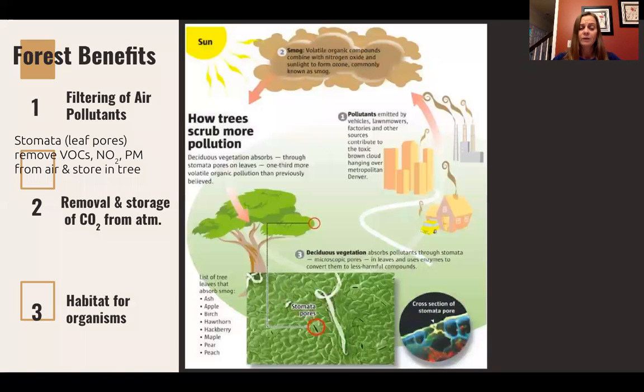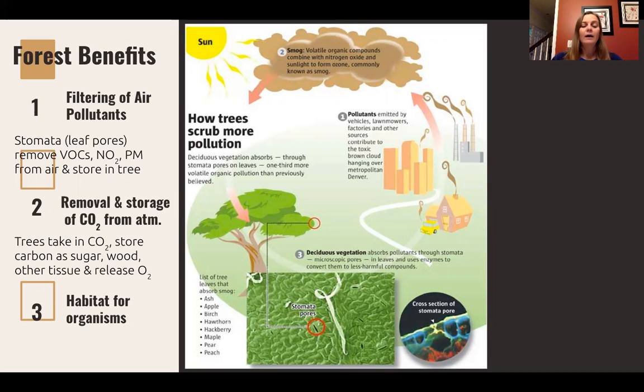Of course, the one that we talk about often is the removal and storage of carbon dioxide from the atmosphere. So in the process of photosynthesis, the trees take in carbon dioxide, they produce sugars, which they can then convert for their own energy, or they can turn into biomass, or the wood, the stems, the leaves themselves.